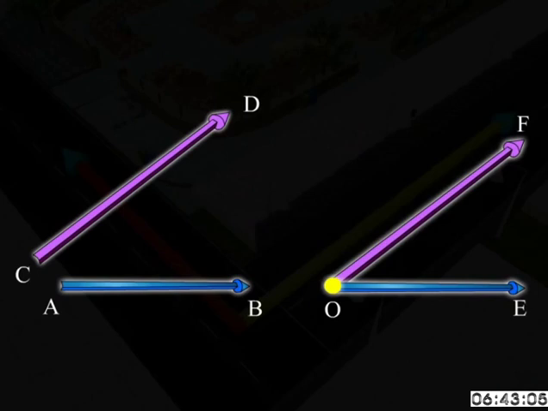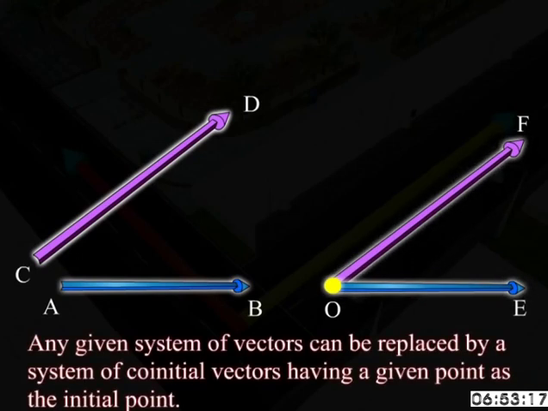Then the system of vectors AB and CD is same as system of vectors OE and OF. This helps us to generalize that any given system of vectors can be replaced by a system of co-initial vectors having a given point as the initial point.